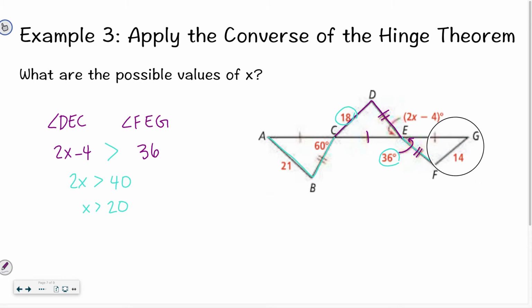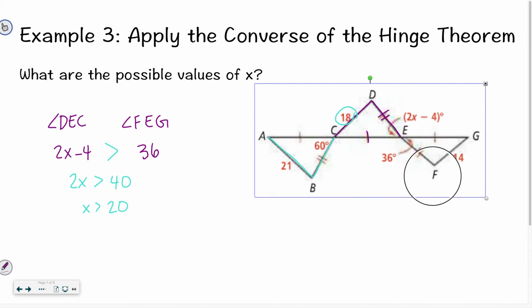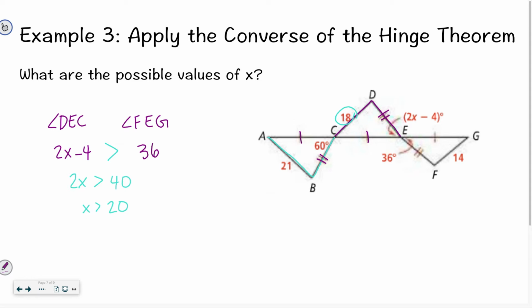But I have a whole other triangle here. So let's compare to this other one. So here are my congruent sides. My included angle is 60. So again, I can do angle DEC, so 2x minus 4, is going to be something in relation to BCA.